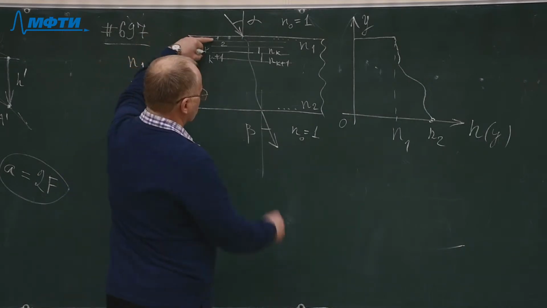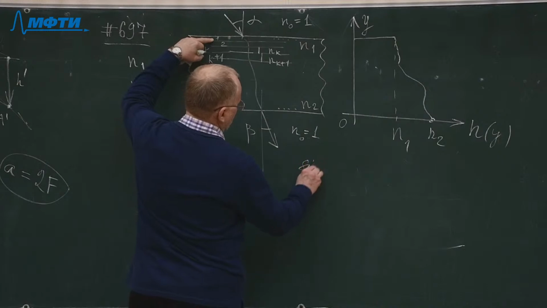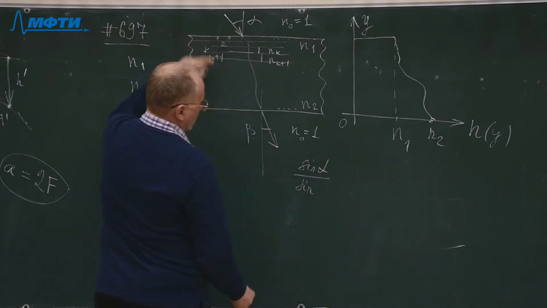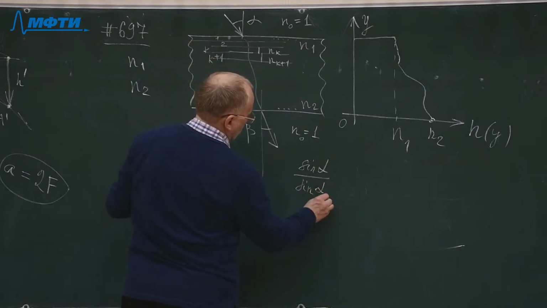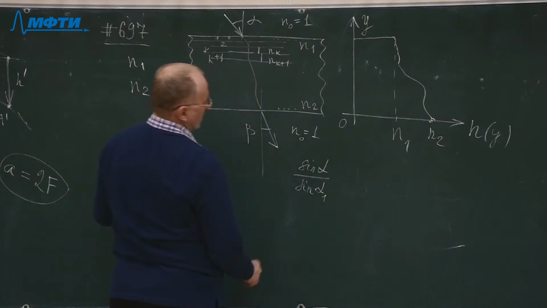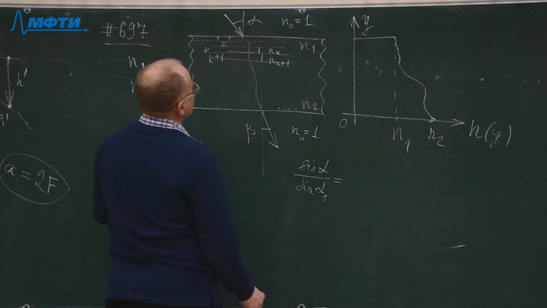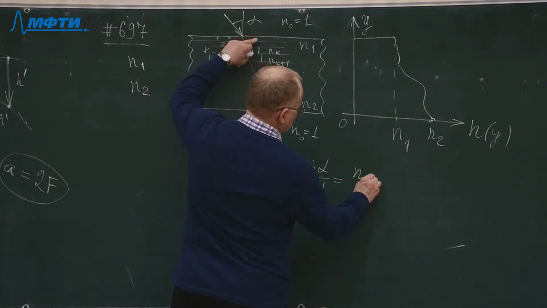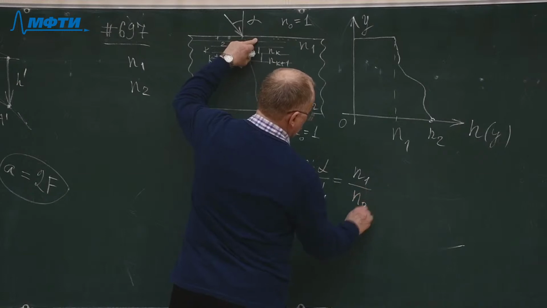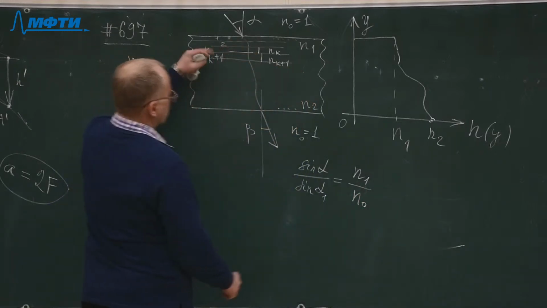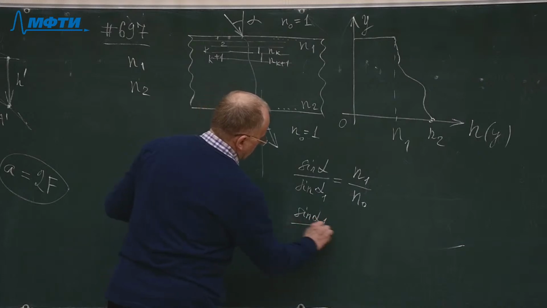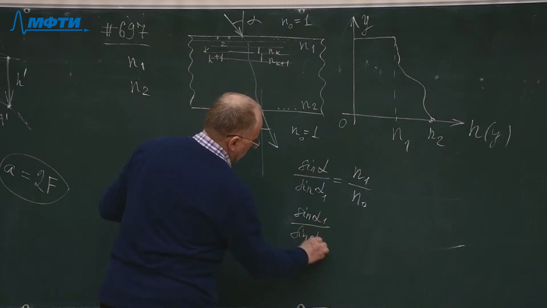Then for the first layer we will have that sine of angle of incidence divided by the sine of angle of refraction in the first layer will equal the refraction index in the first layer divided by n0. For the second layer, we will have the sine of angle alpha 1 divided by the sine of angle alpha 2.